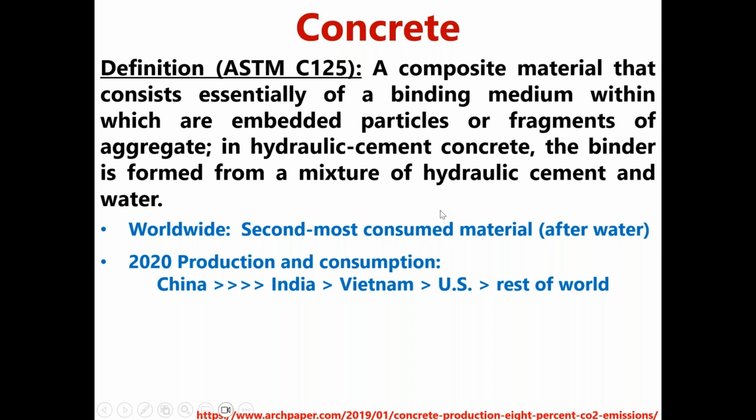It seems like the number 3 and number 4 spots here, Vietnam and US, toggle back and forth depending on the source that you look at, but you're getting the impression of just how much concrete is produced by China. In the span of 3 years, they produce the same amount that the US has produced in all of the 20th century. So they're outstripping everybody on the planet.